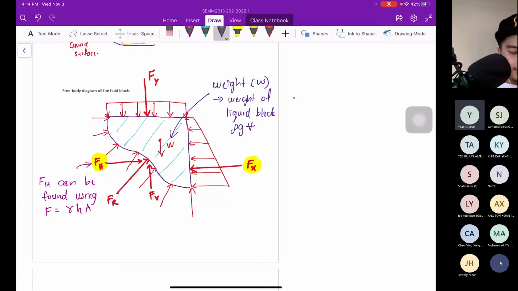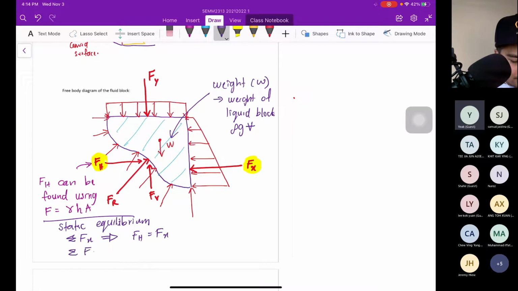Since this is under static equilibrium, we can put it this way: summation of force in the x direction, basically force in H is equal to force in x.